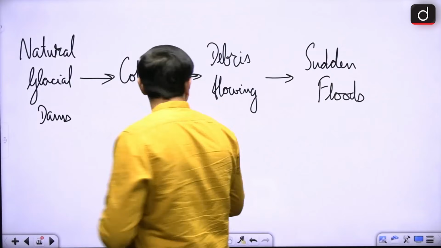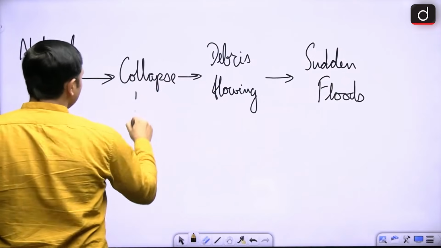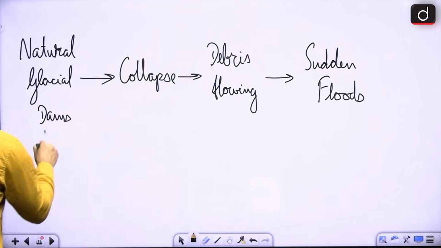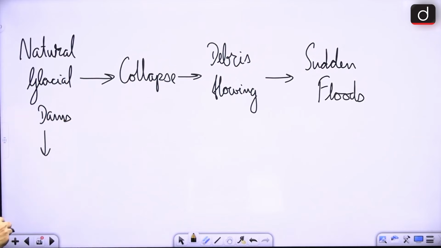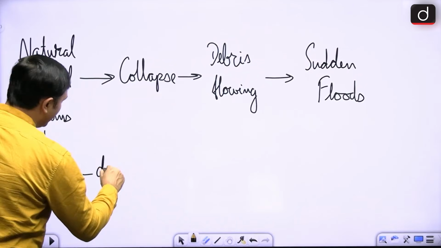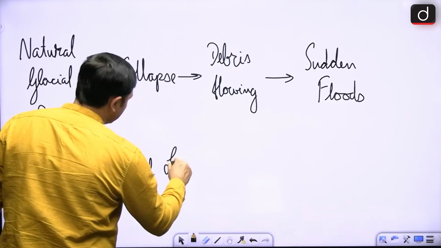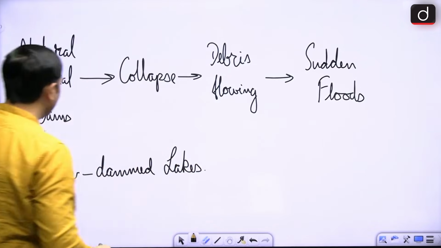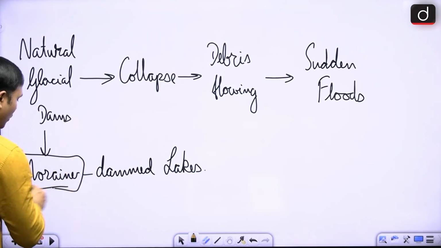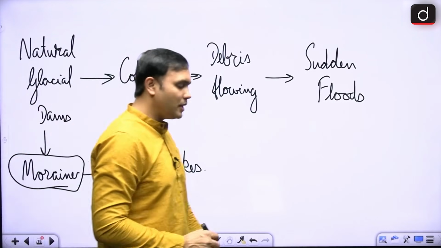In this regard, the collapse involves an important aspect called moraines. UPSC has already asked this. Moraine-dammed lakes, and these moraines, are really important. UPSC has asked them before in different exams.